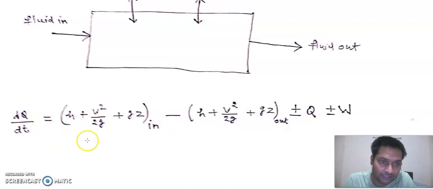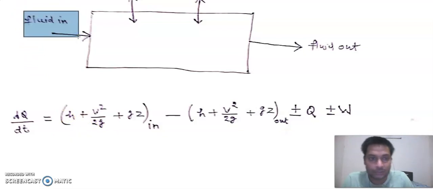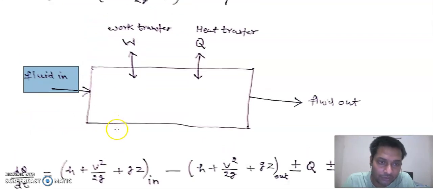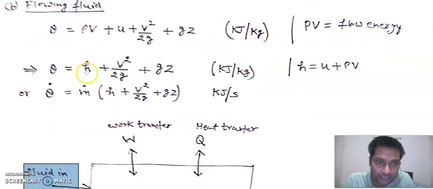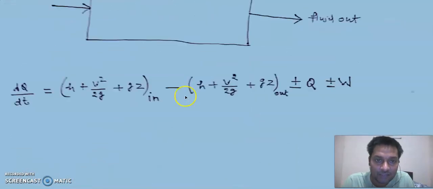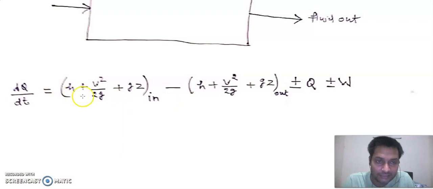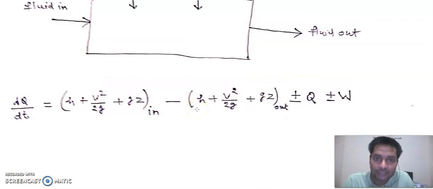So this dq by dt is equal to the amount of energy in due to this fluid. The amount of energy in, for a flowing fluid, is enthalpy plus its kinetic energy plus potential energy, minus the amount of energy leaving the control system due to this fluid outstream, that is its enthalpy, kinetic energy plus potential energy.